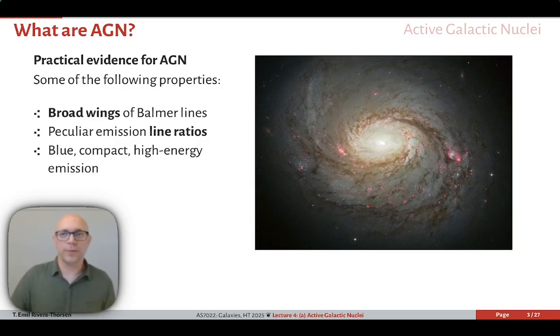Another thing that we can see, which is evidence for AGN, is blue compact high energy emission in the nucleus of a galaxy. What we see here is perhaps not a super bright example, but it is an example. We can see that there is very bright emission from the central regions of this spiral galaxy. These observations here are taken with the Hubble Space Telescope at optical wavelengths.